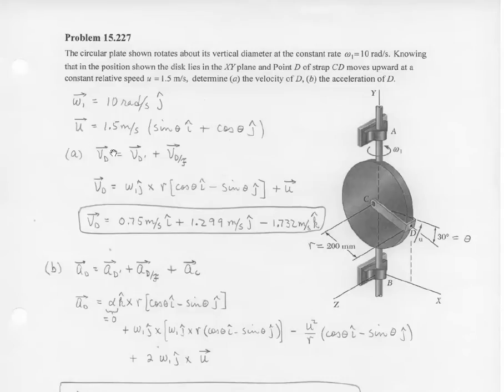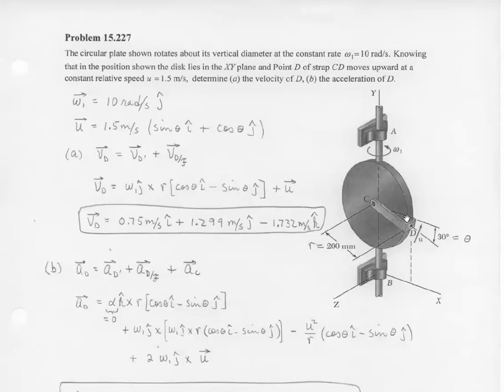The velocity of D can be written then as the velocity of D prime plus the velocity of D with respect to the frame. The velocity of D prime is going to be equal to omega 1 j crossed into r D prime slash C, and D prime slash C is a vector that runs from here out to there.